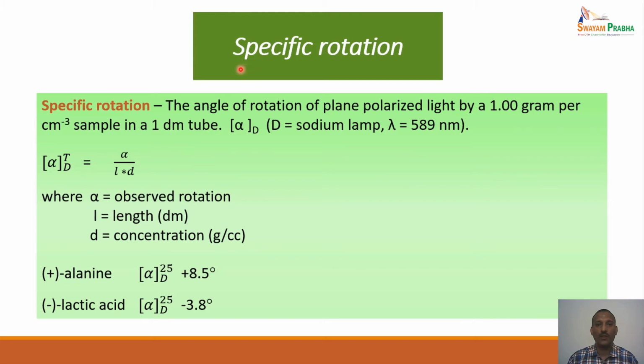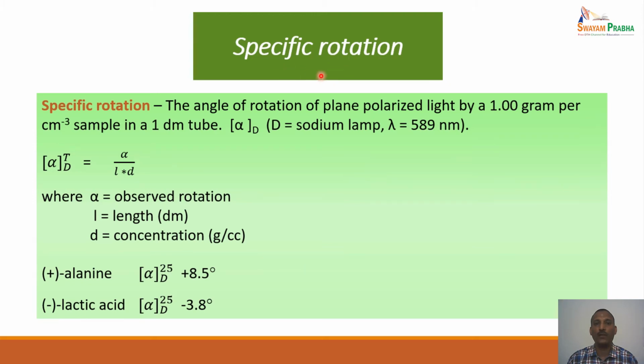So next term is a specific rotation. So if we say simply optical rotation of a compound is X, then different people using different colored wavelength and different solvents and different wavelength, all this will give different readings when we use the polarimeter.